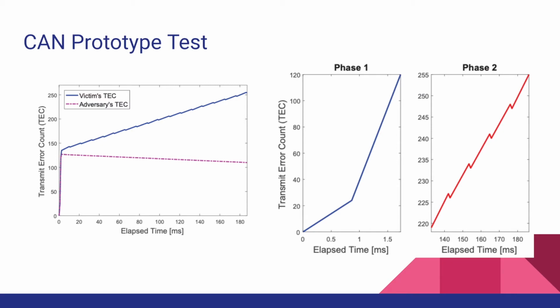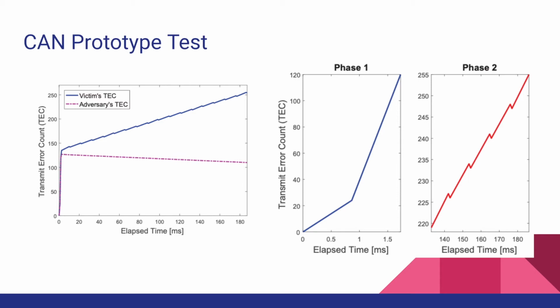So here we have two graphs for the CAN prototype test. On the left, we have a graph that shows the transmit error count (TEC) of a victim and an adversary. Notice how it increases to about 127 almost immediately in phase one.